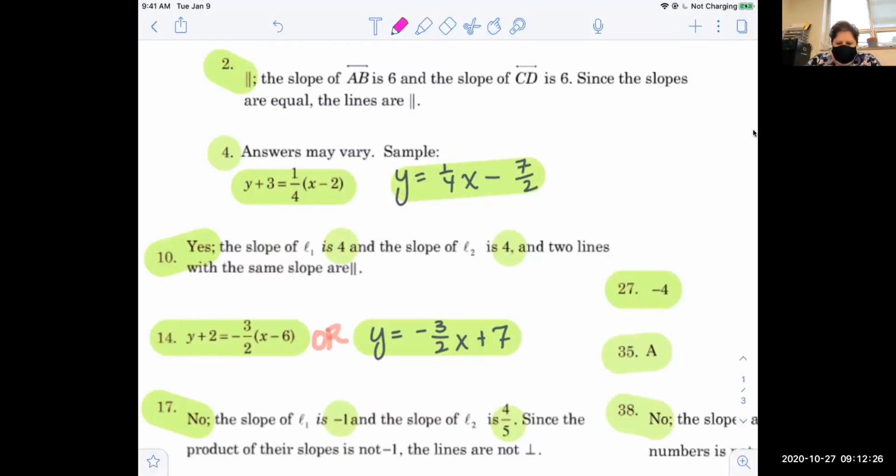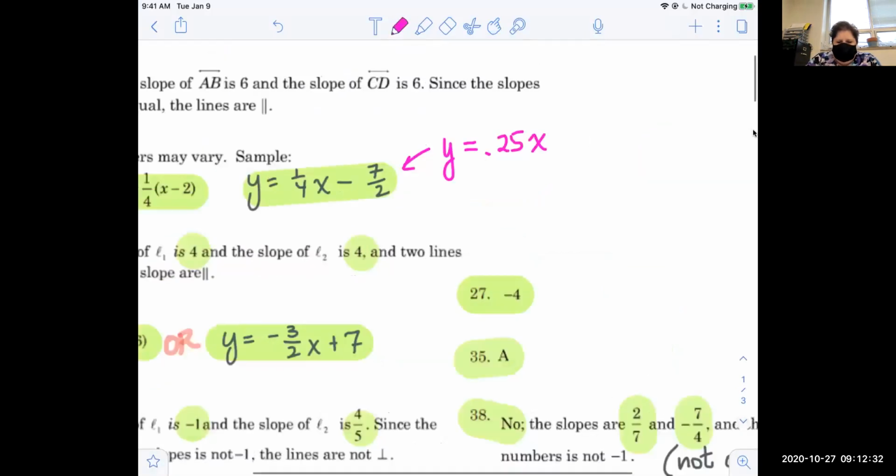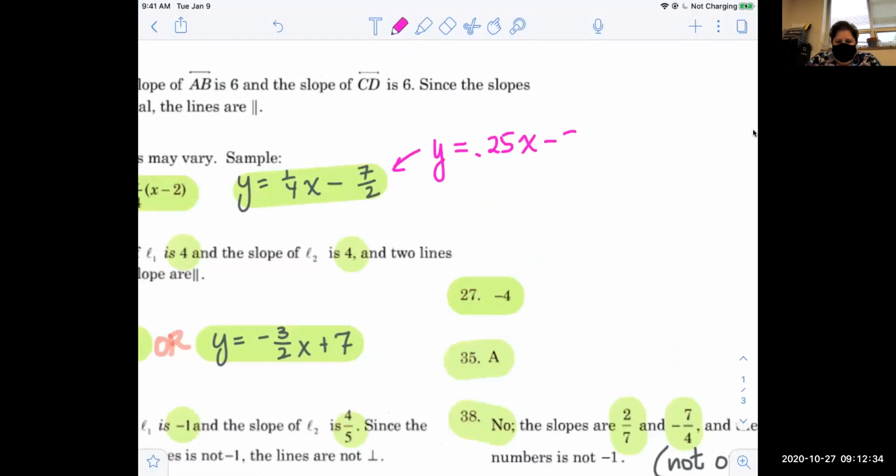I'm okay, like on this one, if you had written that as 0.25x minus 3.5, that would be okay. Don't ever round fractions, but if it's exact, it's okay to put them in decimal form, but I really don't want mixed numbers.